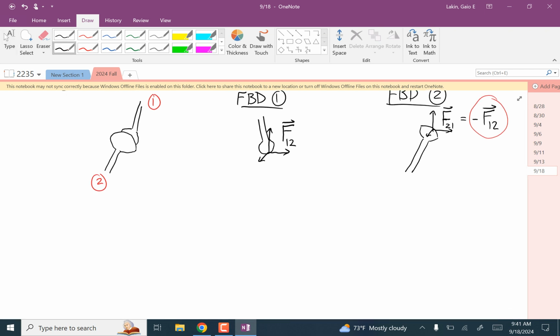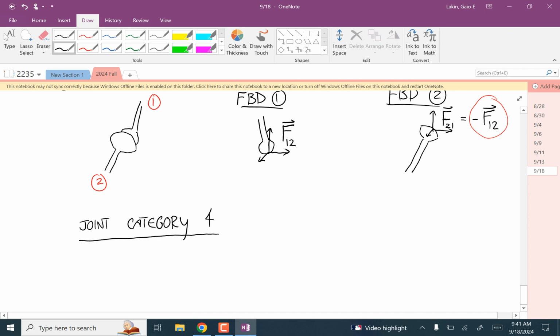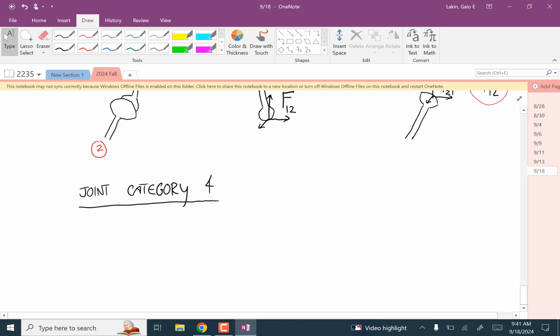Okay, now joint category 4. These next two are the trickiest to work with, and you just have to remember some stuff about them.